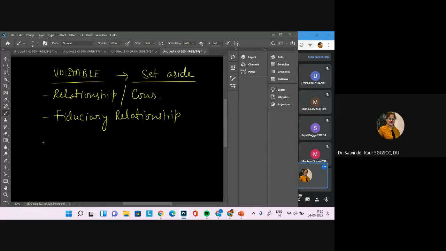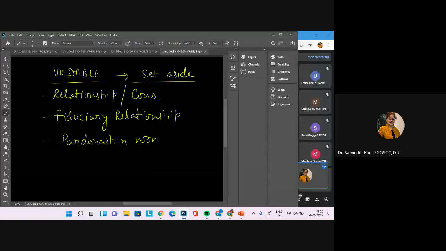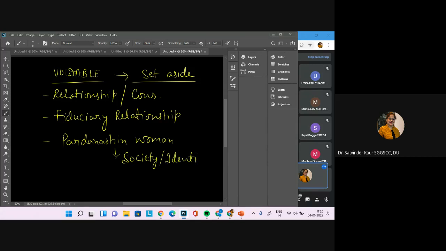Then another situation can be in the case of Pardanashin women. It means that these females are not allowed to have any contact with the society. Their identity is not shared. So in this case, if any contract has been entered into by them and they wish to set aside the contract, there are likely chances that undue influence must have been used.